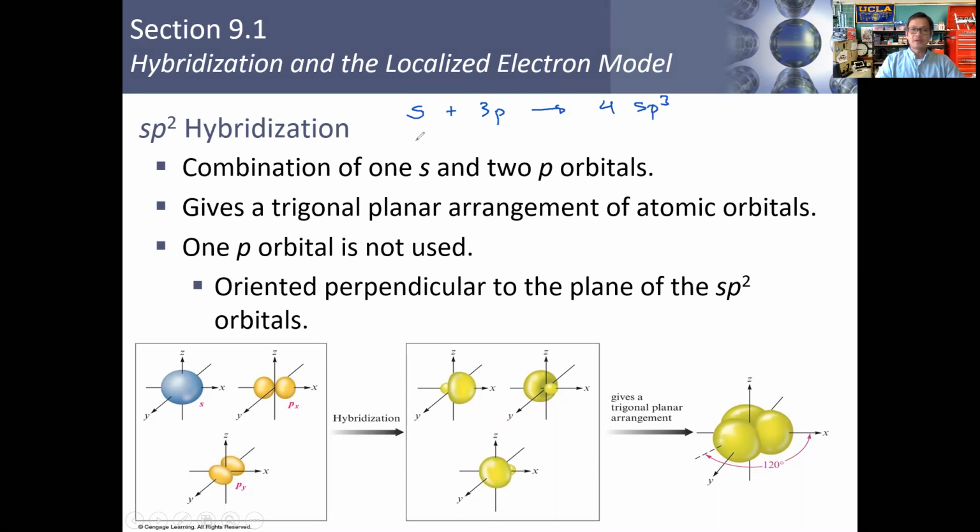With sp2 hybridization, you're going to take the s orbital and two of the p orbitals to form three sp2 hybrid orbitals plus one unhybridized p orbital right there. So if we start out with four atomic orbitals, we should end up with four orbitals in the end.